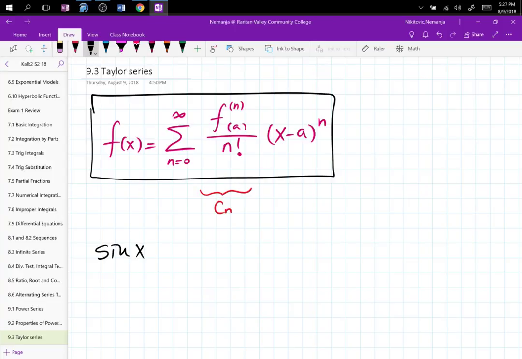So now, when you have a power series, last time we said that you can expand sine x. If you expand sine x using Taylor series, you get x minus x cubed over 3 factorial plus x to the 5 over 5 factorial minus x to the 7 over 7 factorial plus dot, dot, dot, going forever.